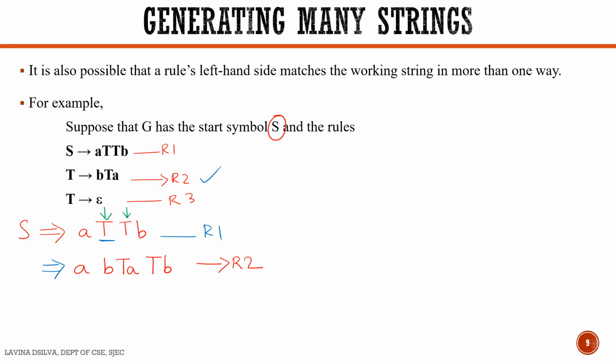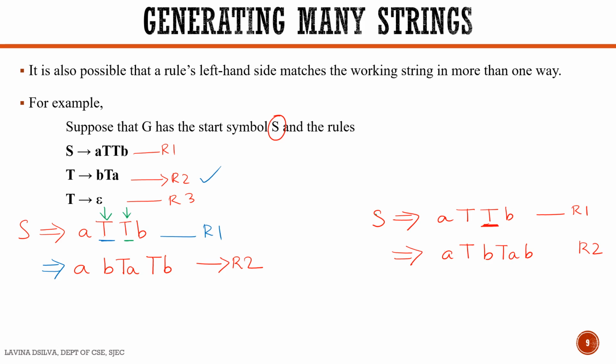Now consider a scenario where we had replaced the second T. So it would be S tends to the same scenario A, T, T, B, but we are replacing this second T with rule number 2. This was rule number 1 and now we are talking about rule number 2. So it would be A, T and B, T, A, B.